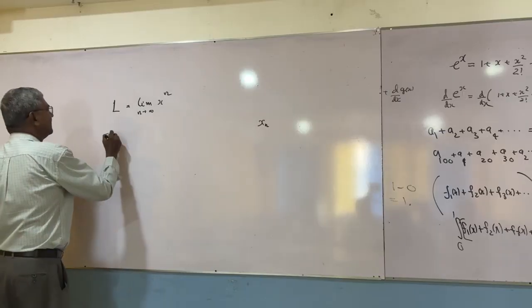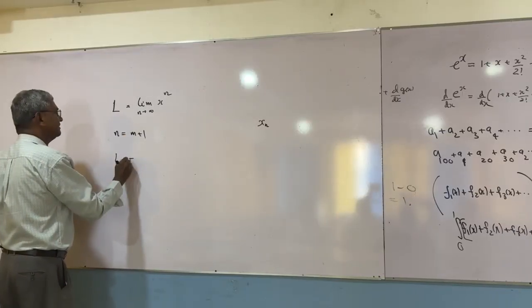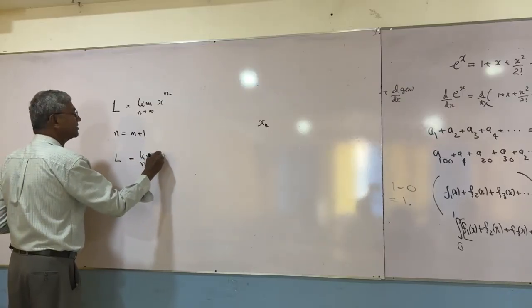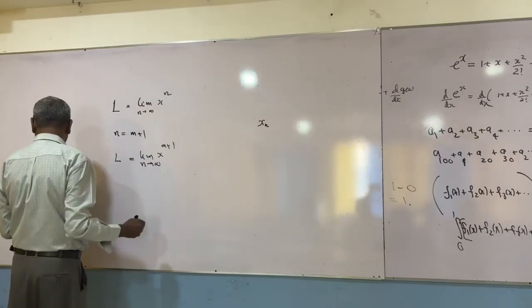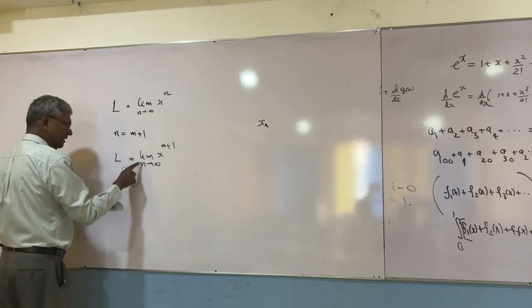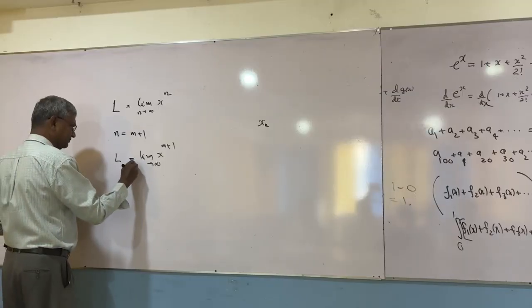Then he changed the variables, n is equal to m plus 1. Then he gets L is equal to limit, n tends to infinity, x to the m plus 1. However, now n is m plus 1, so you can write it here as m plus 1.